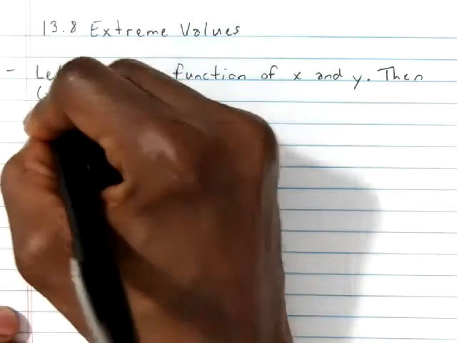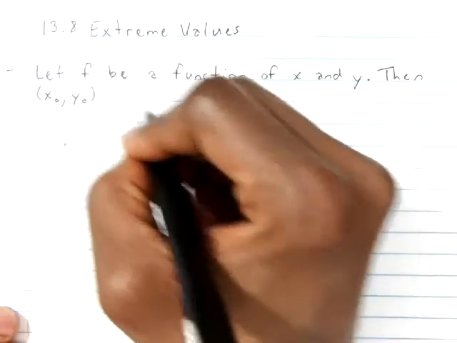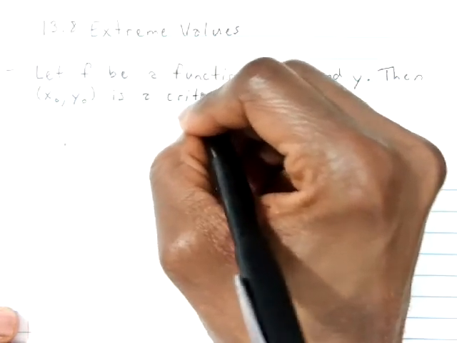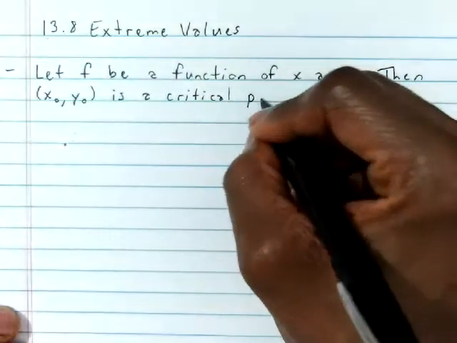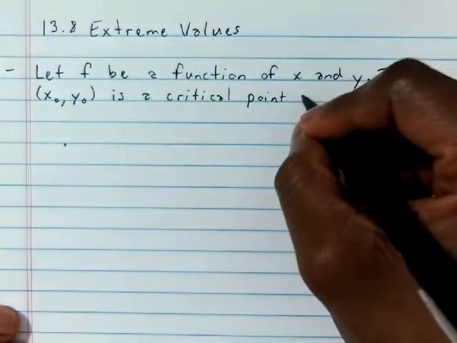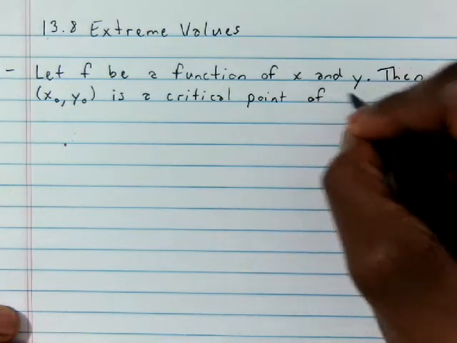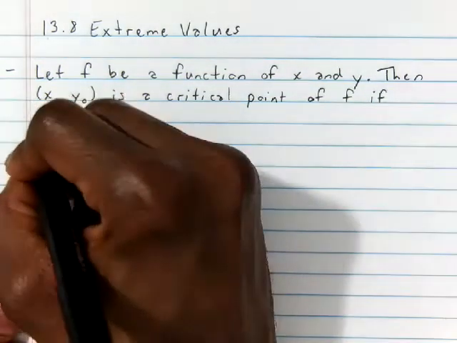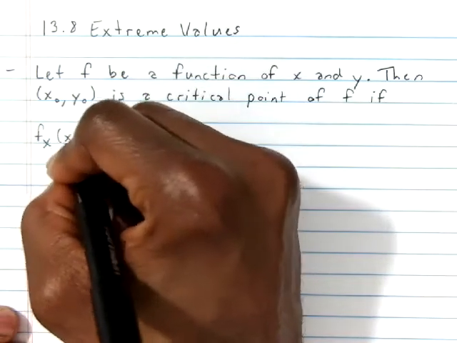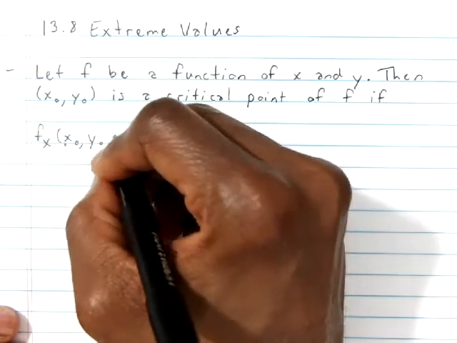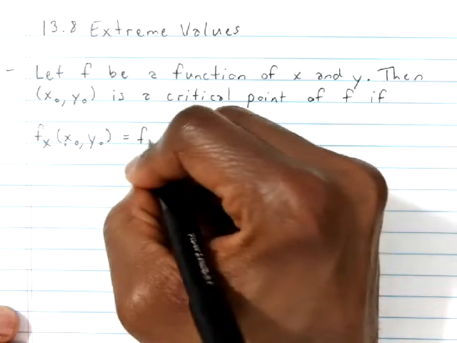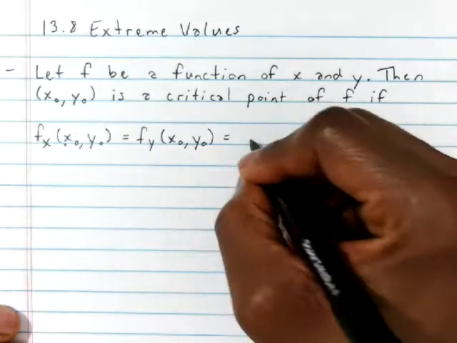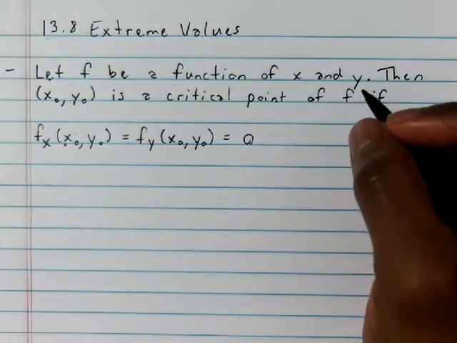Then the point (x naught, y naught) is a critical point of f if the partial of f with respect to x evaluated at (x naught, y naught) equals the partial of f with respect to y evaluated at (x naught, y naught), which equals 0. So both of your partials are equal to 0.